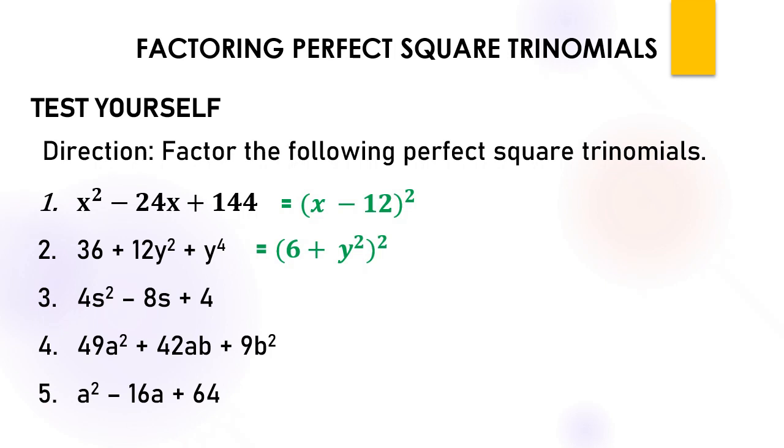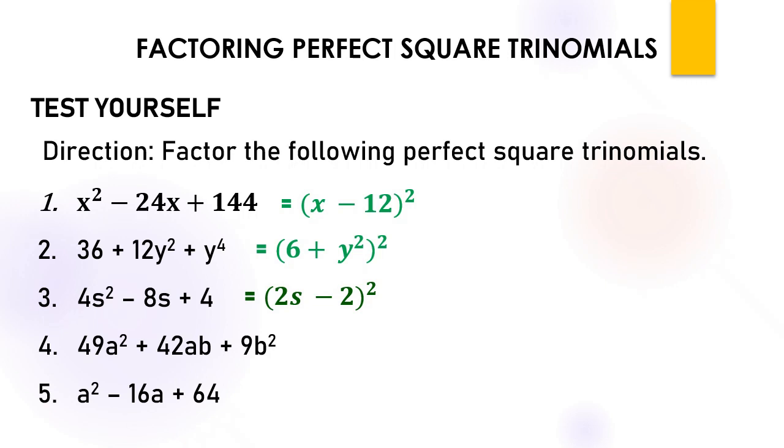So what will be the factor? The factor would be the square of 2s minus 2, because 2s is our a and our b is 2, and it is minus because the middle term is negative.